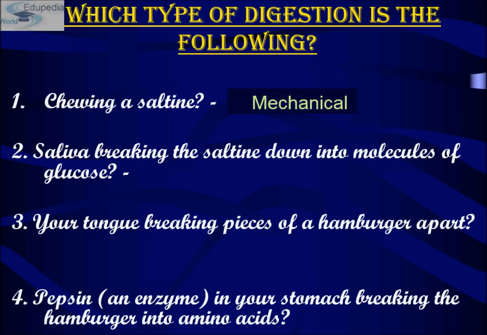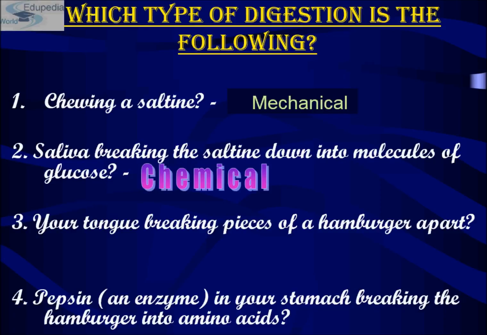now students, tell me the answer to the second question. Saliva breaking the cell time down into molecules of glucose. Which digestion is this? Of course, chemical digestion. Chemical digestion is the breaking down of large molecules such as starch, protein, and fat into smaller soluble molecules for easy absorption by the body.